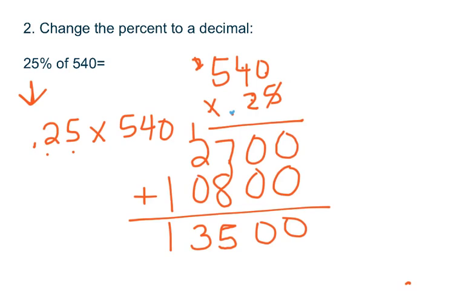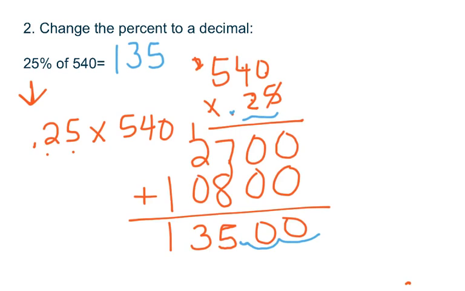So what does that mean? 2 numbers have to be behind the decimal. So I start here and I go 1, 2. So that is my answer, 135. So 25% of 540 is 135. That's the correct answer. Those are 2 methods of how to find the percent of a number.